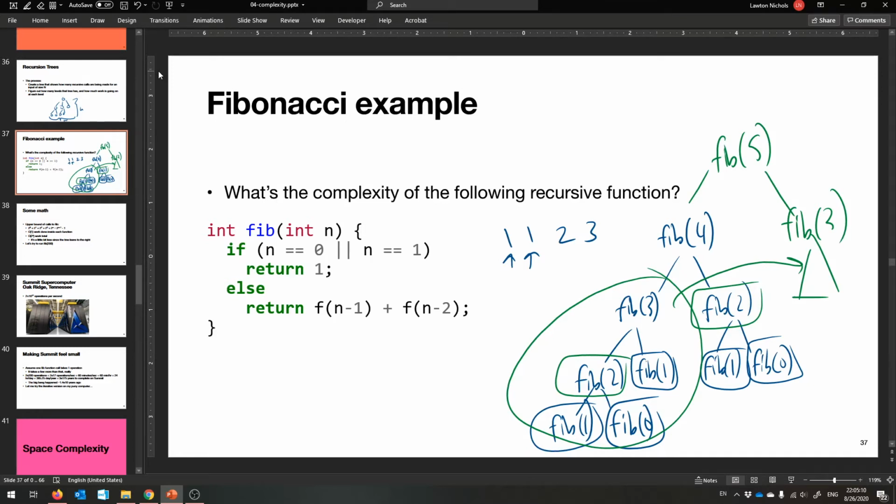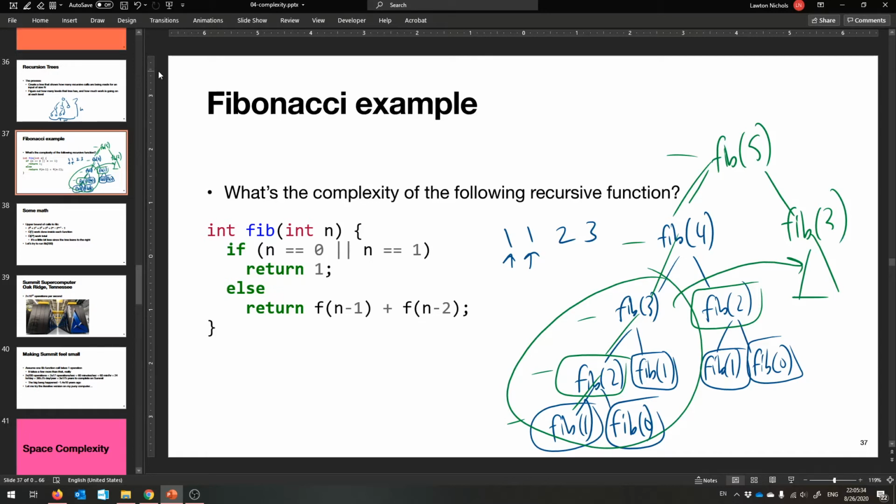So, in essence, the way we can model this is the height of this tree is essentially 1, 2, 3, 4. So it's got 5 things in it. 1, 2, 3, 4, 5 things. And at each level, how many things are there?